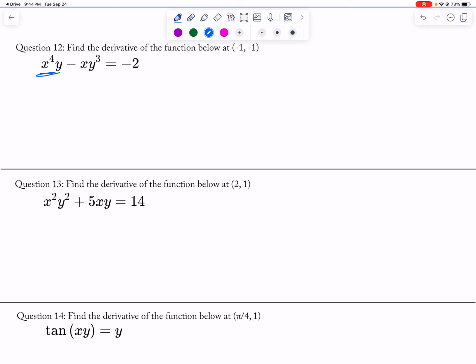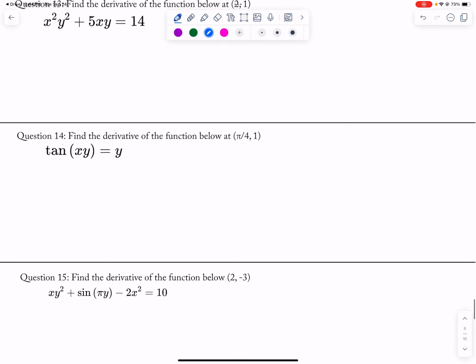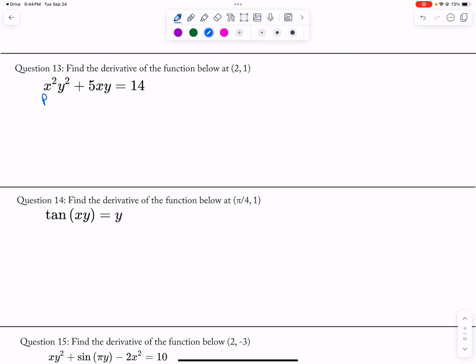Again, you have to use product rule in both of these situations, and then you will plug in that coordinate point. Again, here, product rule for the x squared, y squared, and also the xy here.